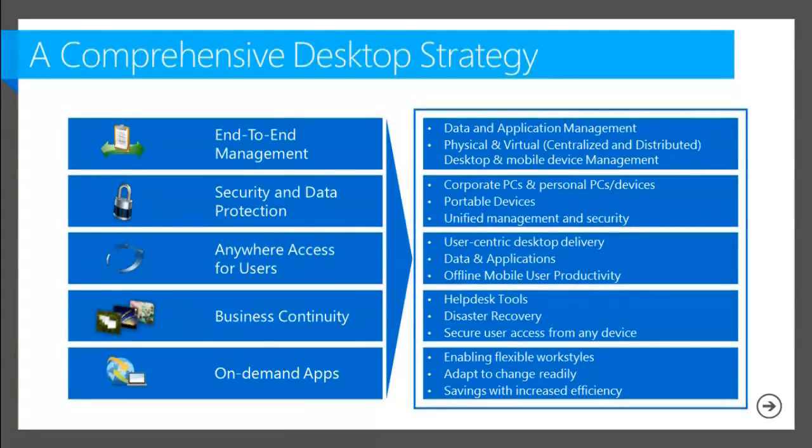And since you're consolidating desktops and apps now into a data center or a handful of data centers, business continuity becomes important, because when you have an outage, it's no longer just one person's PC that breaks and affects them. You have the possibility that an outage could affect a large portion of your organization.